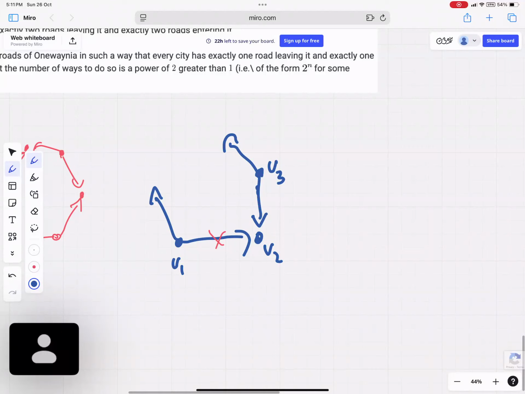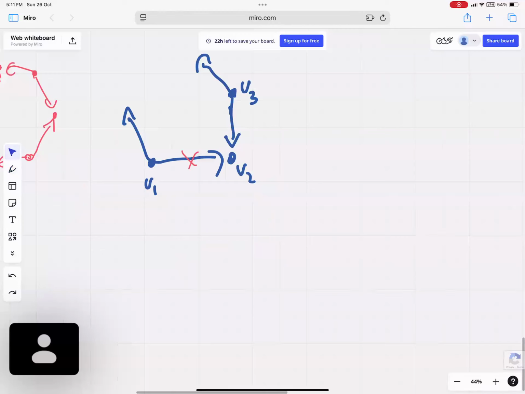Okay, so if you continue this process, then you're going to get an alternating sequence of edges that you can delete, right? You have to do it basically if you delete the first one. So what does this alternating sequence of edges look like? It's a cycle now. So we have a cycle. Now how do the edges of the cycle look like?